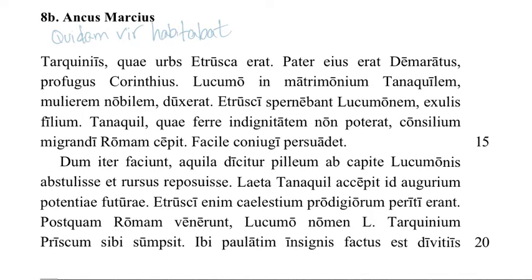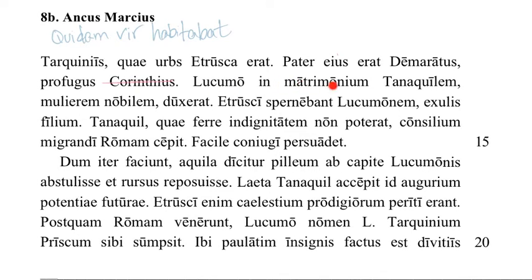So what do we know about him? We've got a genitive noun, or a genitive pronoun, telling us who his dad was. His dad, and that's right there, that's his name. Profugus is a noun here, and it is an apposition to Demaratus, describing him. So he was a refugee from this place, from Corinth.